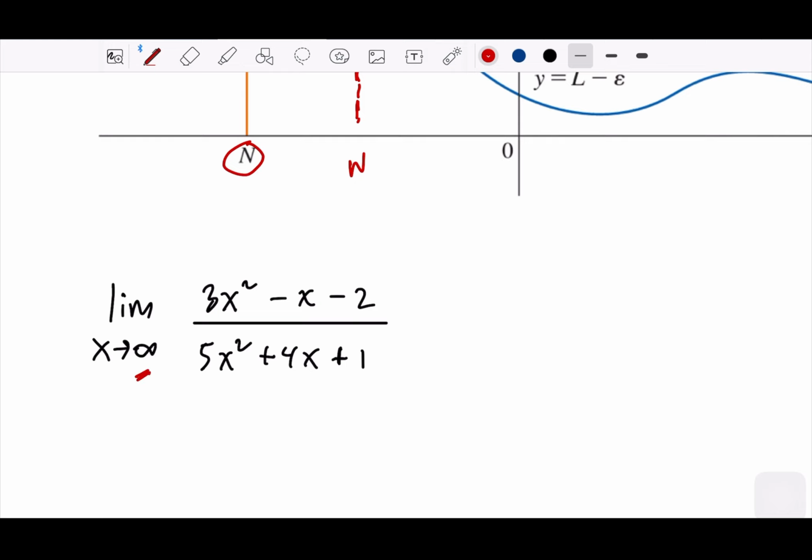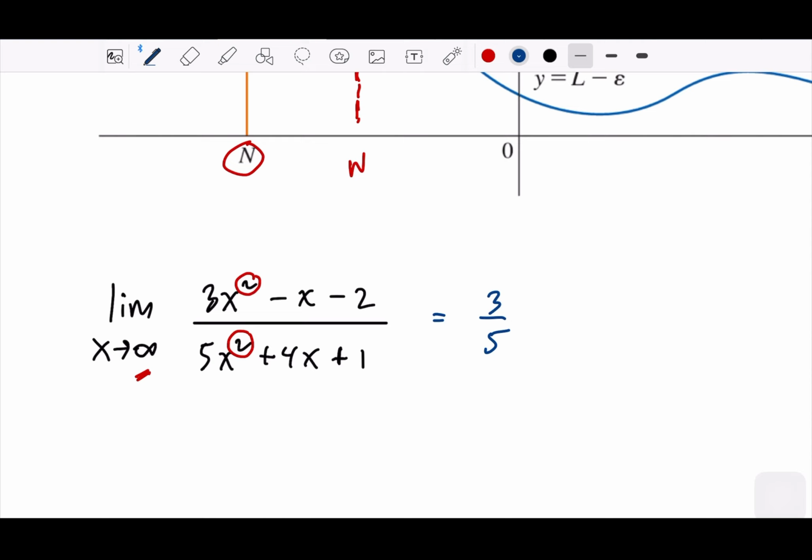The first thing you need to observe is that we have the same degree of power, the quadratic degree, the power of 2, for the numerator and the denominator. This means that if we divide everything by 1 over x squared, and we can do that, then the rest of the terms beside the highest one, the power of 2, will become 0. I hope you get my point. So this will get us to 3 over 5, right?